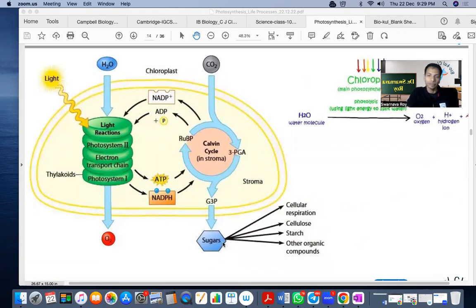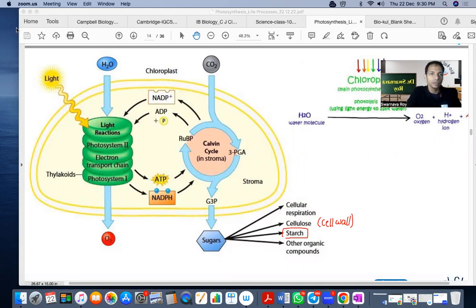This is the glucose. Once sugar is formed, it is required for cellular respiration. Plants break down the sugar and carry out cellular respiration, which provides the plants energy. Also, from the sugar, cellulose is made, which is a component of the cell wall. Cellulose is a fibrous polysaccharide. Also, the excess glucose is stored as starch in the leaves. All right.